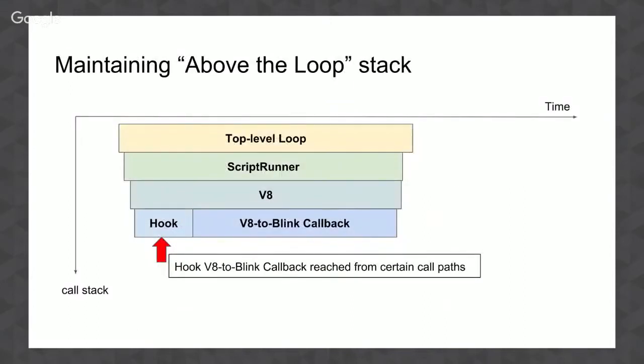So maintaining the above-the-loop stack is the easy part. When we run the nested loop, we can detect the safe situation by managing the call path to the safe point.